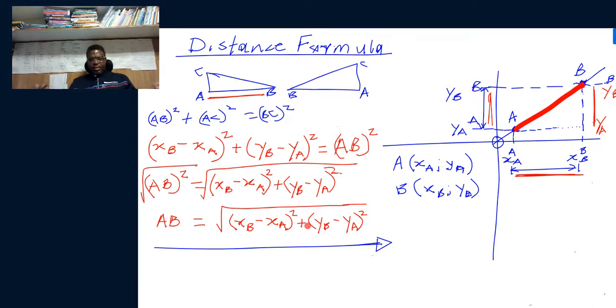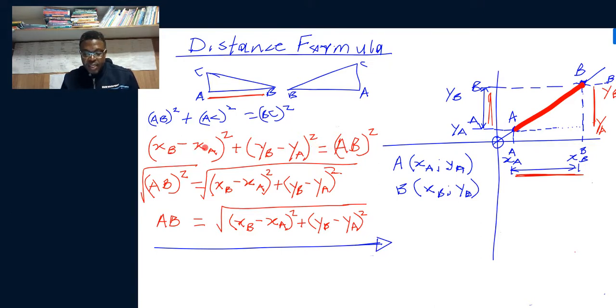If ever you are asked something, they can ask you anything. Let us say they ask you for the value of yb. You know ya, you know the values of x, and you know the distance between the 2 points. You know the distance AB. Because you see it's like this, you can solve it. Because I have taught you in algebra how to work with these things.